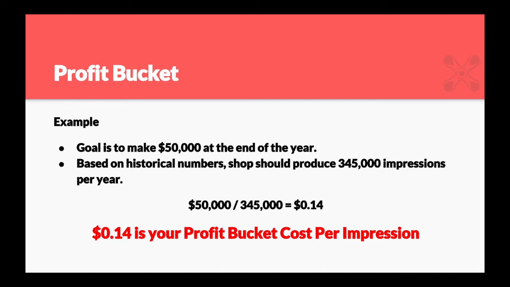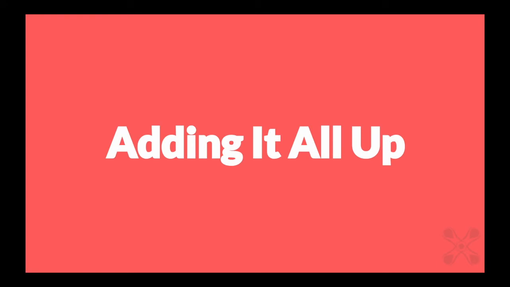So every time we print a shirt, 14 cents of that is going to go into this profit bucket, and then as you go, every month you can take that out and throw it into a savings account or that type of thing, and that way at the end of the year you'll have $50,000. It's just an easy way of doing it. Again, if you don't want to do it that way, it's okay. It's fine by me.